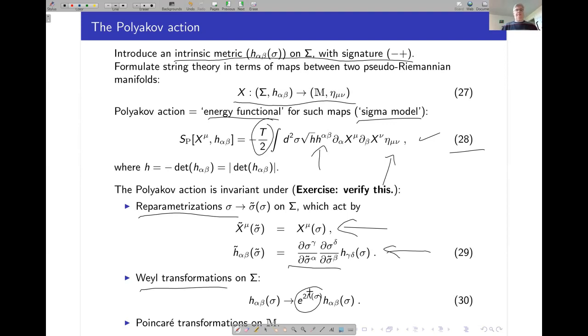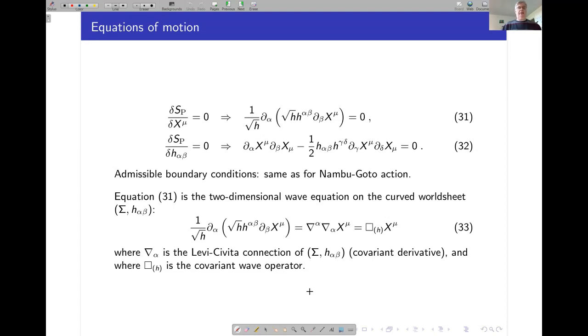Okay. Now, we have two sets of variables, X and the worldsheet metric h, similar to the third action principle that we had for the particle. And therefore, we have two equations of motion. The equation of motion for the string coordinates X is given by formula 31. That will look a bit complicated if you have seen this before, but as remarked here in formula 33, this equation is the two-dimensional wave equation, but now on a curved surface with a metric h alpha beta.